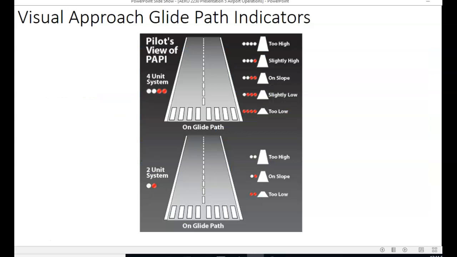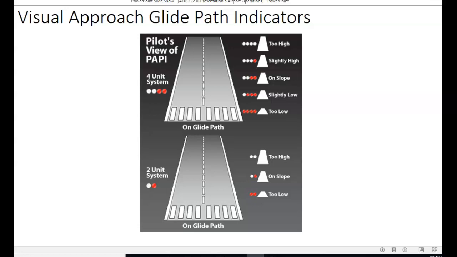Another visual approach glide path indicator is known as a PAPI, or a precision approach path indicator, and that includes 4 lights. The 4 lights can either be red or white. When you see 2 white and 2 red next to each other, as in the upper left hand side of this picture, that means you're right on the glide path.